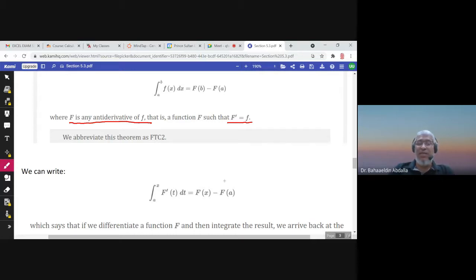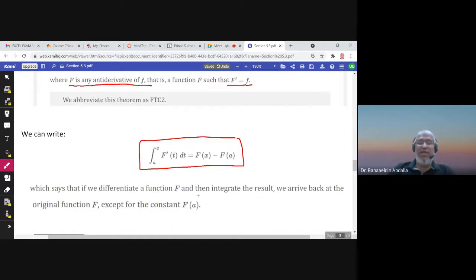Then we can write this theorem in another way, which means the integral of the derivative would be the function itself. The integral of the derivative of a function would be the function itself plus or minus a constant.